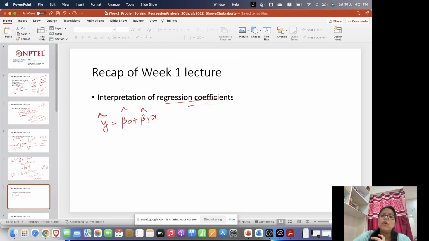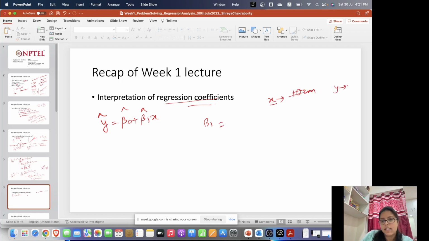So how do we actually interpret regression coefficients? Suppose, in this rainfall example I'm giving, this is rainfall and this is my yield.